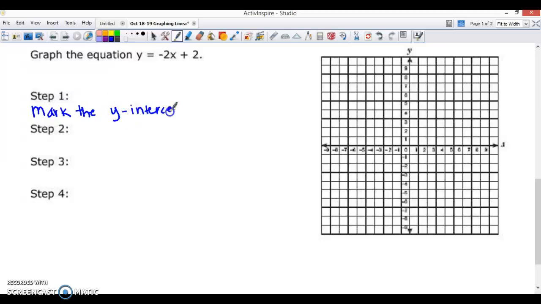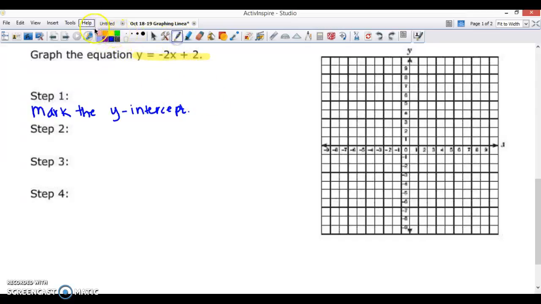What I would do if I were you is take this equation and off to the side write what my slope is and what the y-intercept is, just like they did for those examples above.